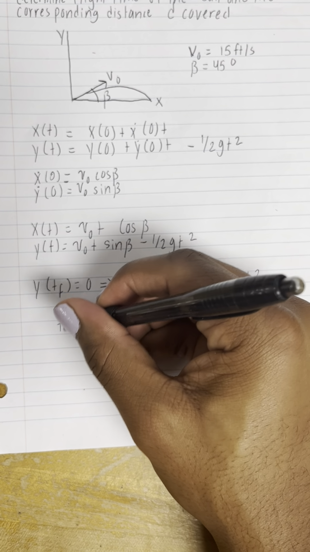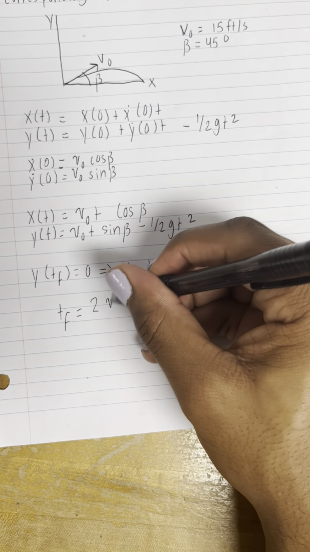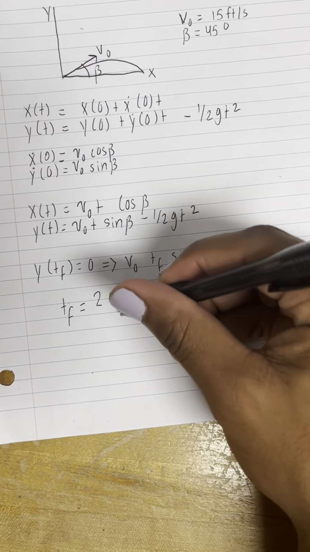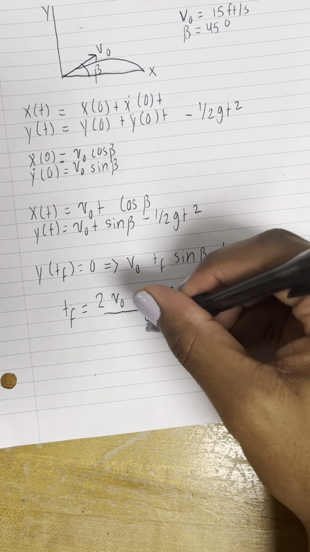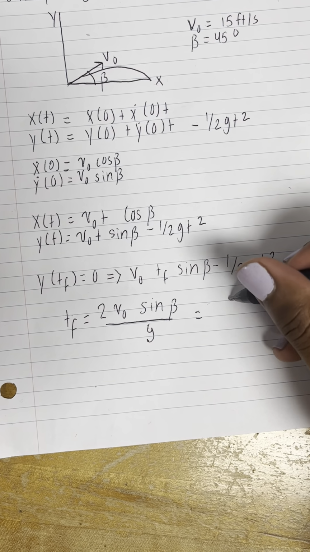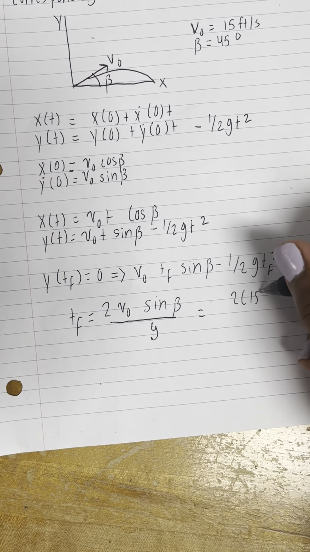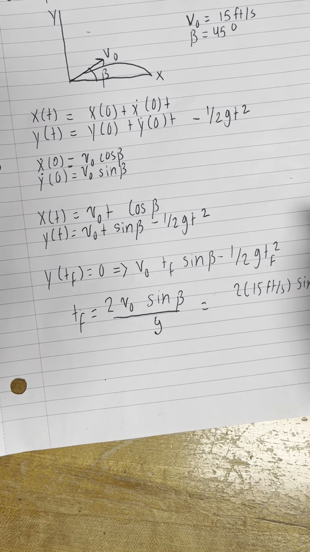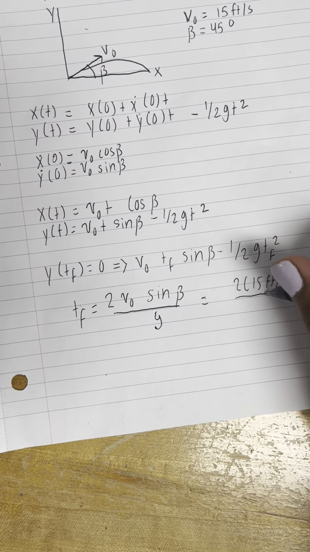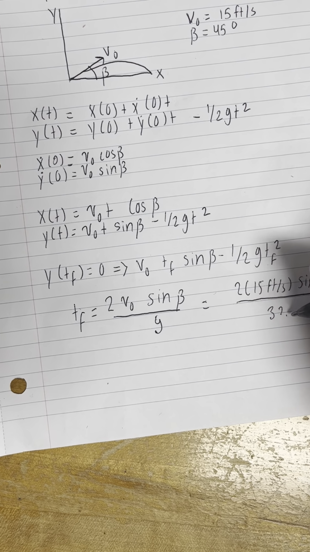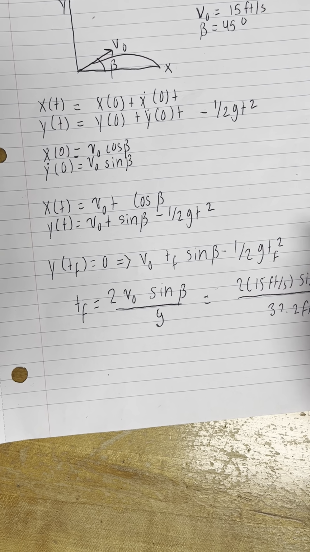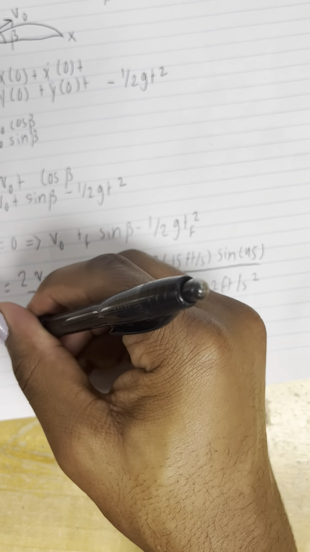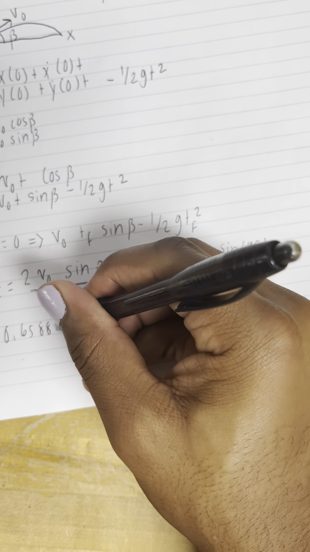So now we move everything over and substitute everything in. It gives us that tF is equal to 0.6588 seconds.